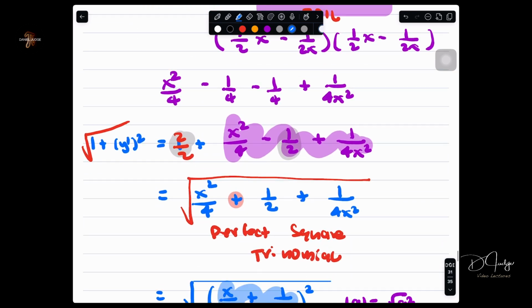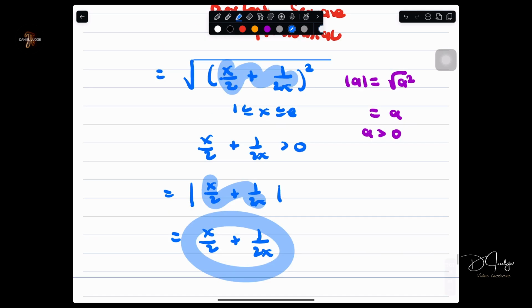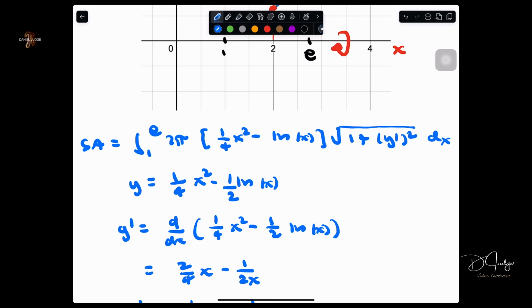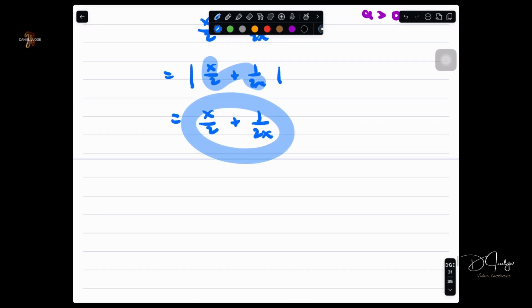Now, that x over 2 plus 1 over 2x goes right in here. 1/2 x plus 1 over 2x. So my surface area, now, to put all this together, we'll pull out the 2 pi, from 1 to e.